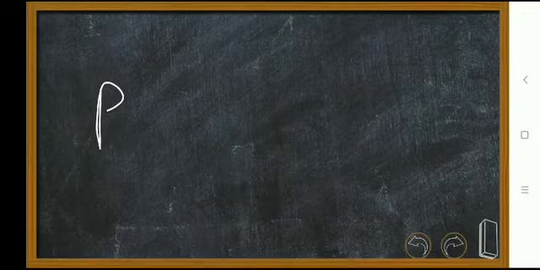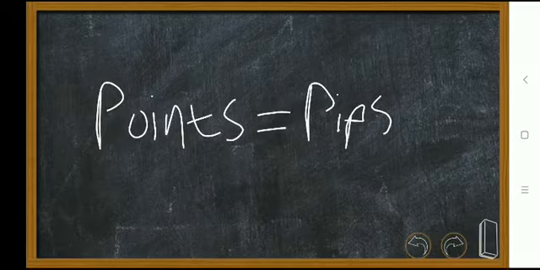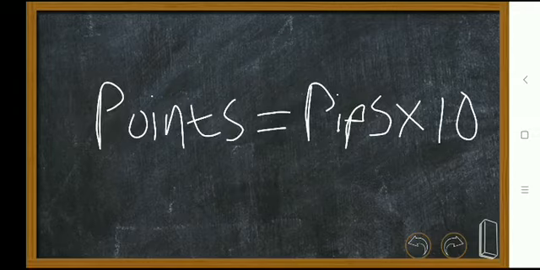Meaning that, let me repeat this. Points are pips multiplied by 10. You can see from the table which I drew seconds ago that points are equal to pips times 10.